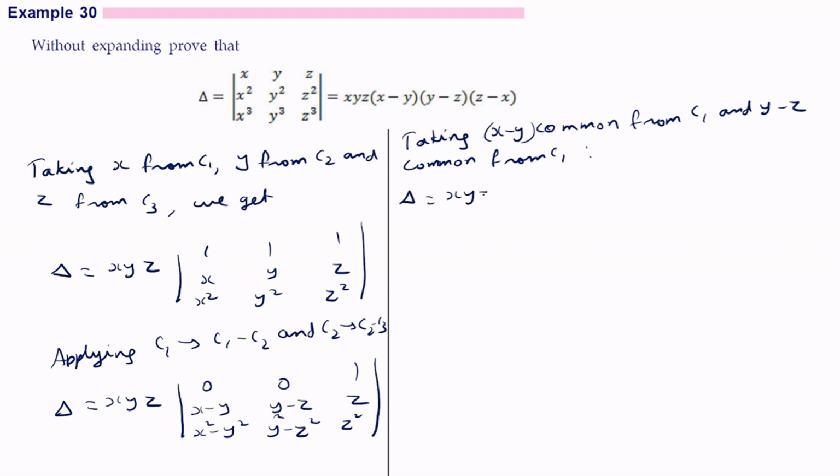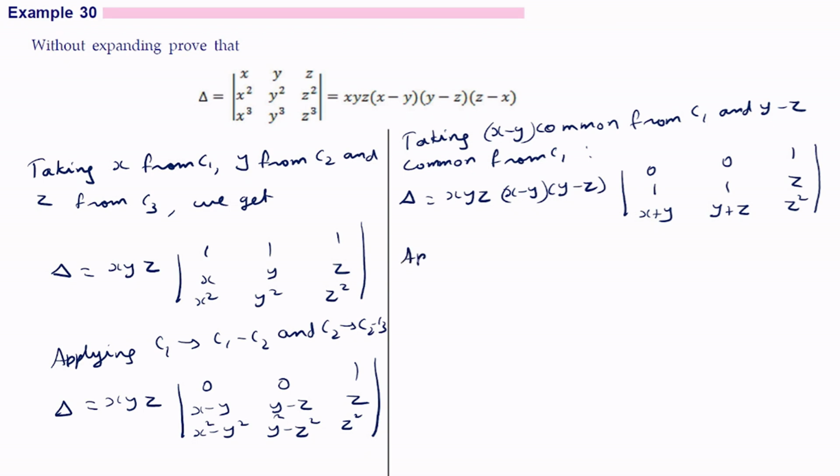We get xyz into x minus y into y minus z into 0, 1. This is x minus y into x plus y. We have taken x minus y outside, so we get x plus y. Here it is 0, 1. Similarly, here it is y plus z. And then here 1z, z square.